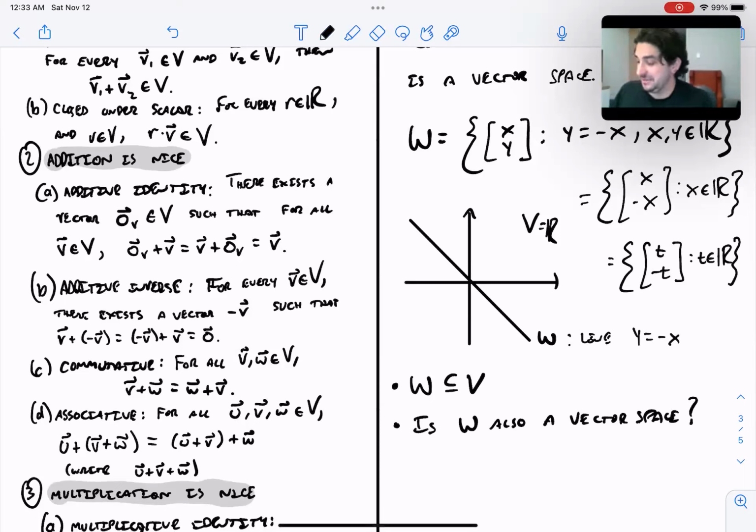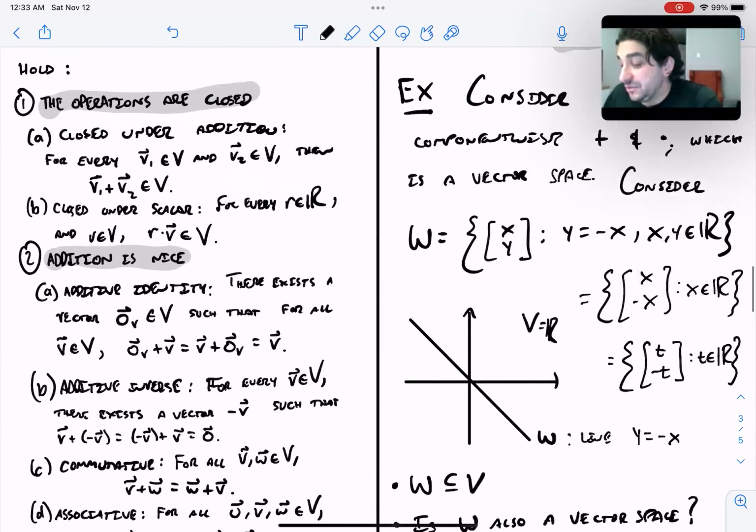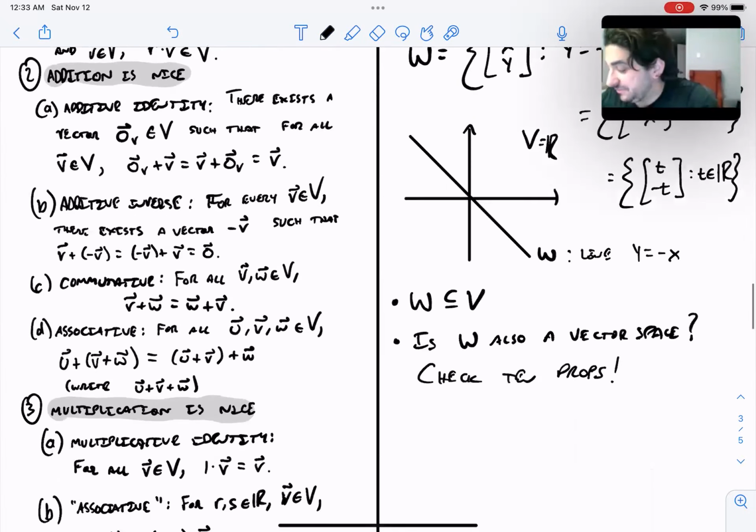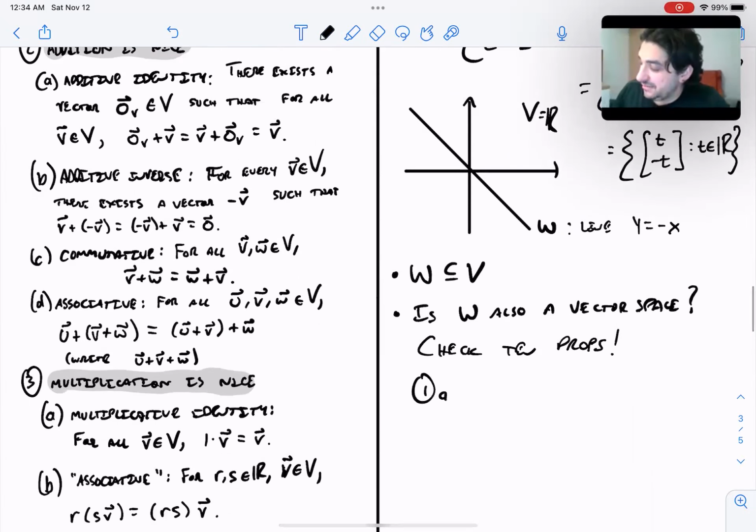Well, what do we have to do? Oh, we have to check these 10 properties again, right? Because that's what the definition of a vector space is, right? But hang in there because it's not going to be as bad as it was last time. Here's why. There are a few of these properties you really do have to check. You really have to check 1A.